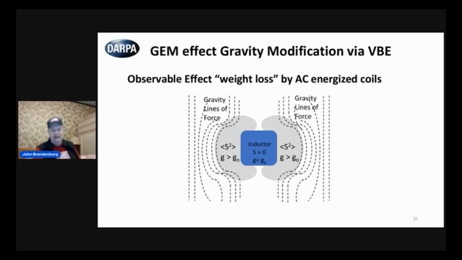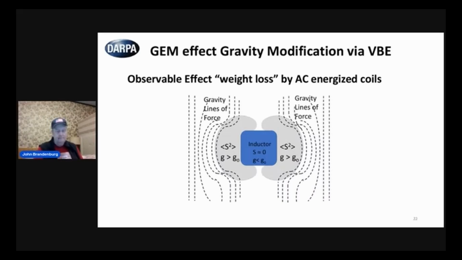Now, what does that mean? It says that if you create an intense field of Poynting vector, like radiation around an antenna, or the field around a coil that's charged with AC, it will create a zone of strengthened gravity where the Poynting field is strong. S squared is strong, gravity will be slightly stronger, but that pulls the gravity fields out from the coil, so the coil gets lighter.